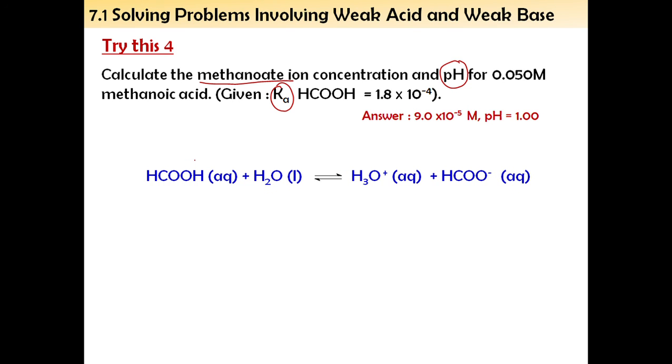Okay, so dia akan terpisahkan, tercerai, hash dia akan derma, so dapat macam ni. Metanoid ion ni apa? HCOO minus. Okay, jadi awak nak cari dia juga. Okay, boleh tak assume kalau negatif 4? Tidak boleh assume. So, kalau tak boleh assume, you mesti guna quadratic expression untuk settlekan. Okay? So, hopefully boleh try this 4 dan upload your answer.